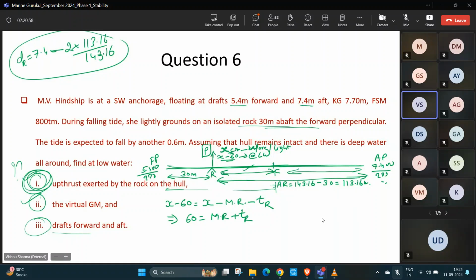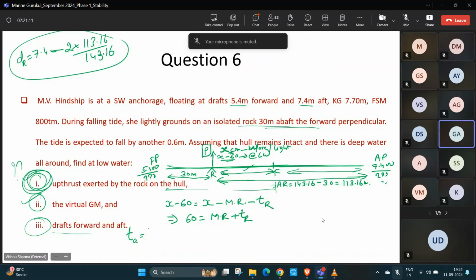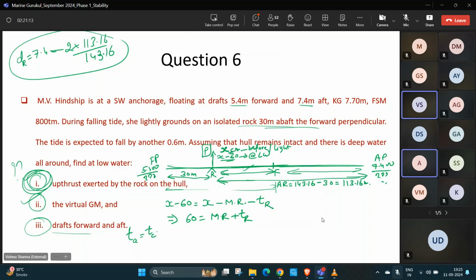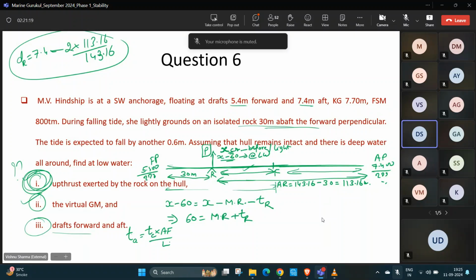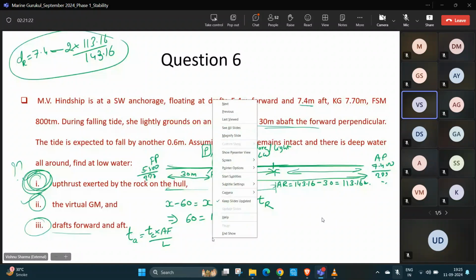Okay. What is the formula for TA, beta? Can you tell me the formula for TA? For trim cost, what is the TA component of trim cost, guys? Trim into AF, MCT upon L. In this expression, what is A in the TA?